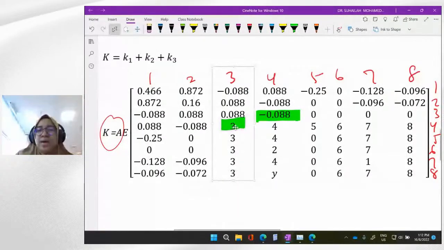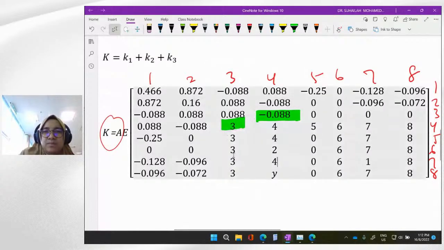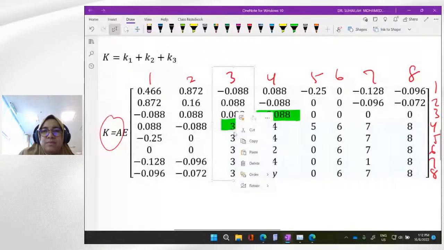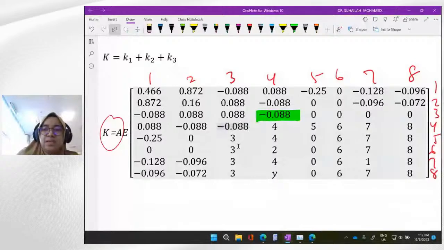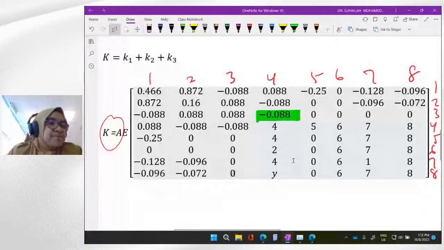So this one, okay, this is negative 0.088. So the rest is 0, 0, 0, 0.